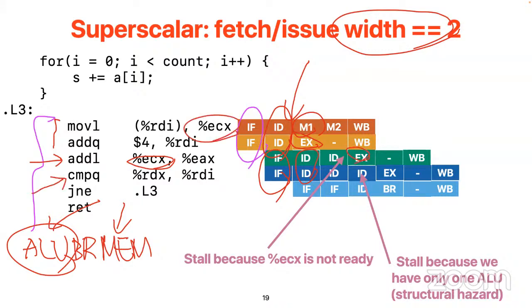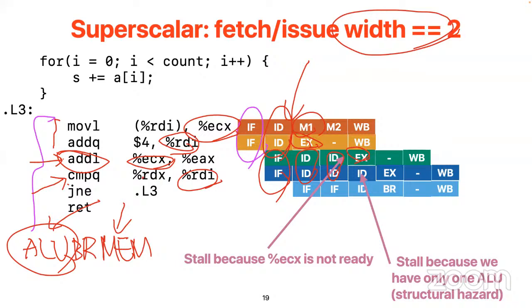And this compare instruction, although the RDI is already ready, is behind the addl instruction, so I still cannot put this instruction into execution. So both of them have to stall at the decode stage.